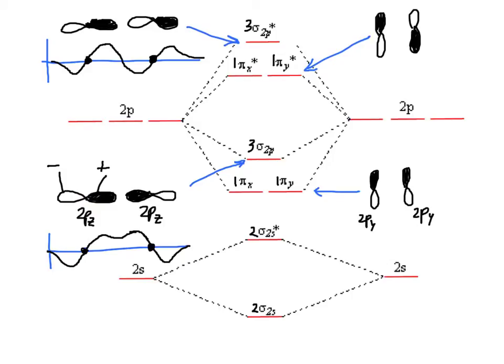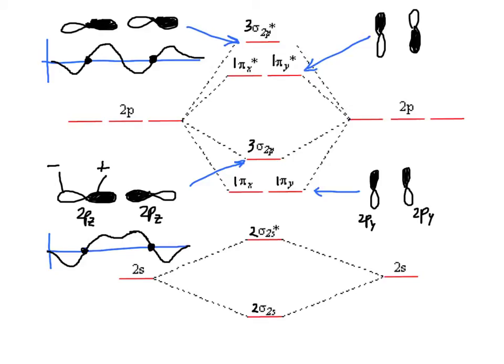You cannot say that the wave function is 0 throughout. Same thing over here along this axis. You cannot say that the wave function is 0, although there is a point here where the wave function is 0. But you cannot say that there is a plane over there where the wave function is 0 throughout.